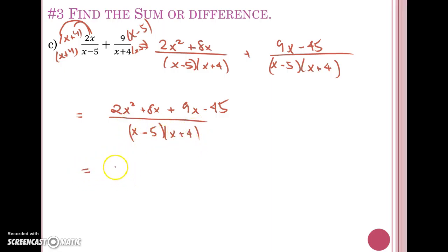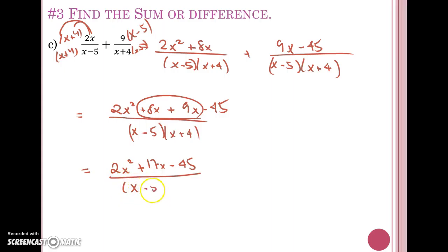Okay, let's simplify. 2x squared plus 17x minus 45 up top, because you're combining your 8x and your 9x. And then in your denominator, you have x minus 5 times x plus 4. Then you would check to make sure and see if you can factor this.